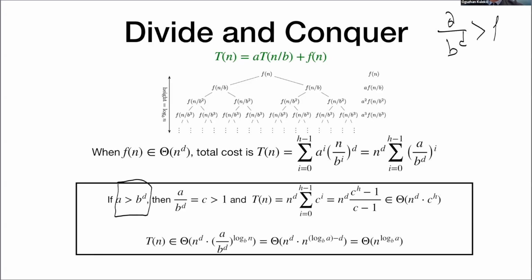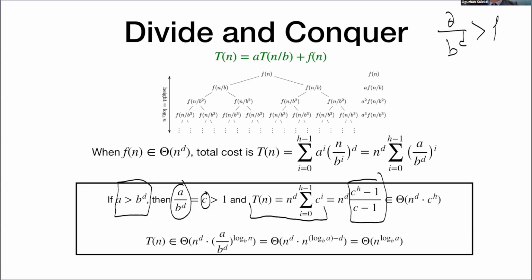So let's name a divided by b to the d as a constant c, and I know that this constant is greater than 1. Then my total cost will be something like that. And luckily, we know how to compute the sum of c to the i from i equal to 0 to h minus 1. That is from algebra.